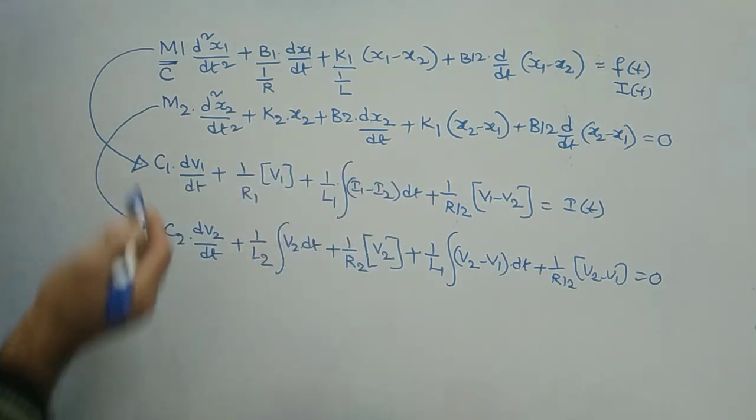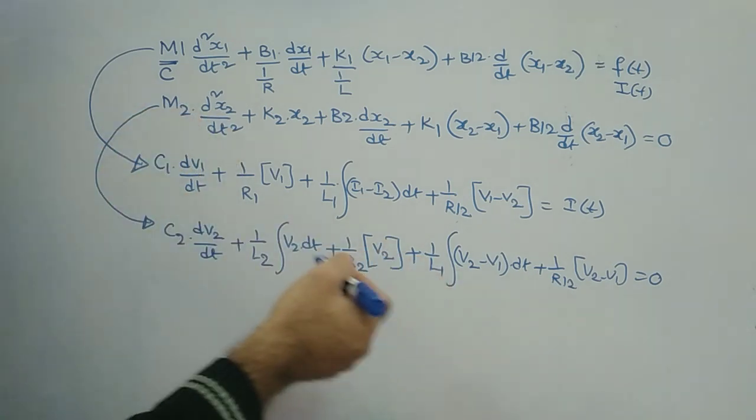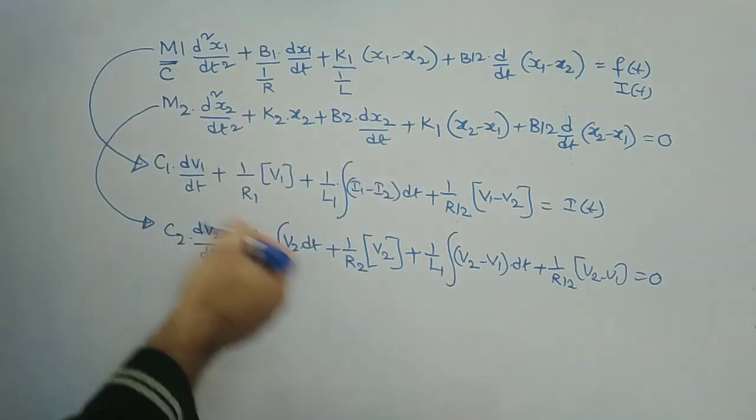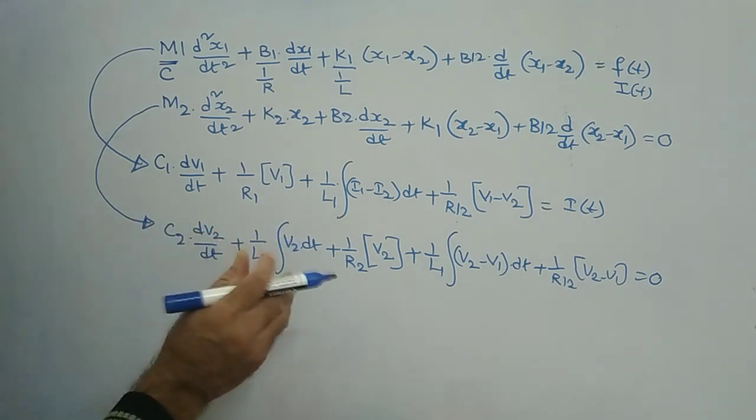So our job is finished. The corresponding mechanical equivalent is given here; the mechanical elements M and so on are all converted like this. From these two equations, now you can write the electrical equivalent circuit.